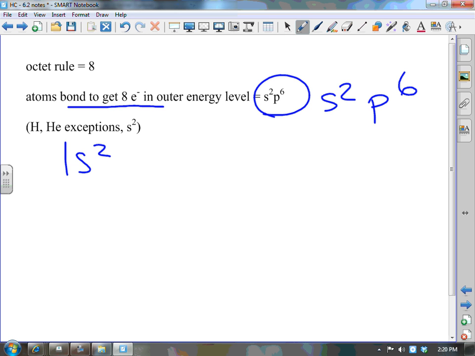It really doesn't even bond to anything else because it's already stable. If we go to neon, which is right below it, neon is 1s2, 2s2, 2p6. It's already s2p6. Again, it doesn't want to react with anything, doesn't want to bond with anything. That's the number one priority of noble gases. They are the most unreactive elements. So they already satisfy the octet rule by themselves.